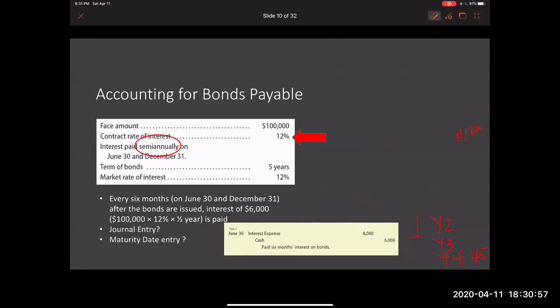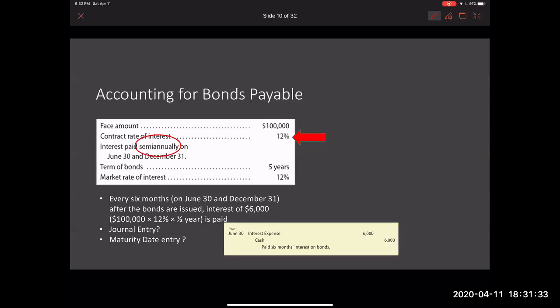At this point, you have promised the investor that after 5 years, I promise to pay you back the principal amount, which is $100,000. That was part of the agreement. That's what's on the bond indenture, the contract. So what does it look like after 5 years? Once you have used up the money and used it for whatever you need, you're going to do a journal entry to capture you repaying this bond that you created.